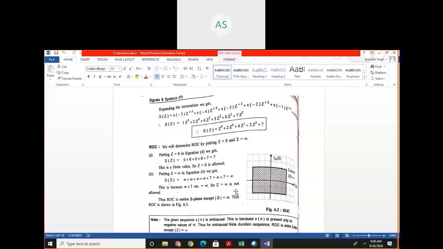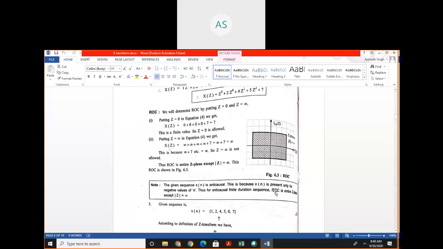So z equal to 0 is allowed. When z is infinite, then we get infinite. It means ROC is entire z plane except mod of z is infinite. And this is shown.